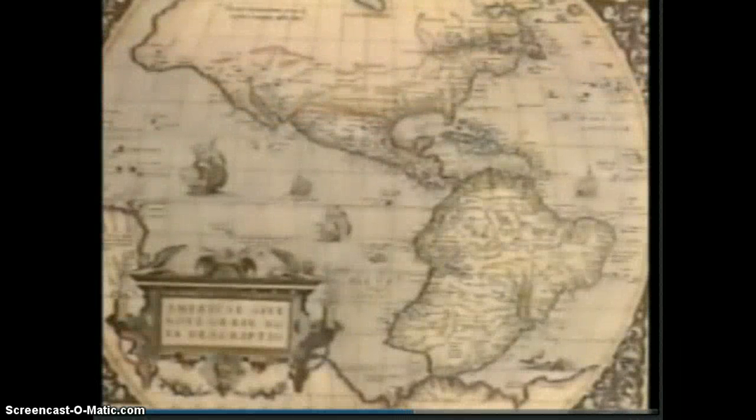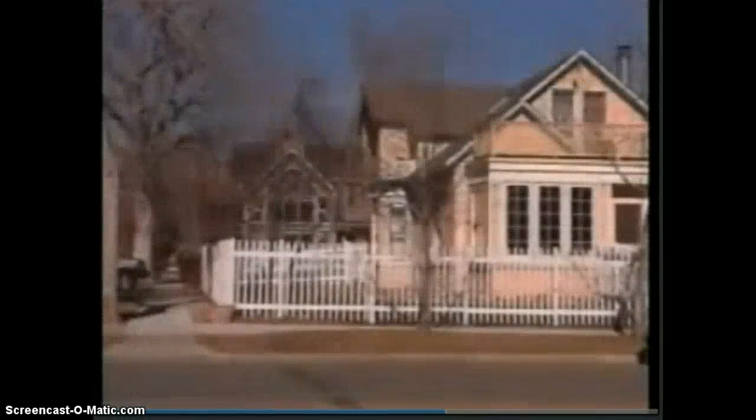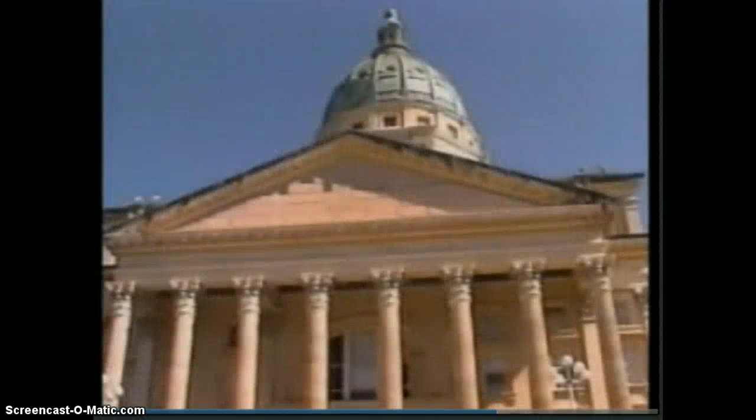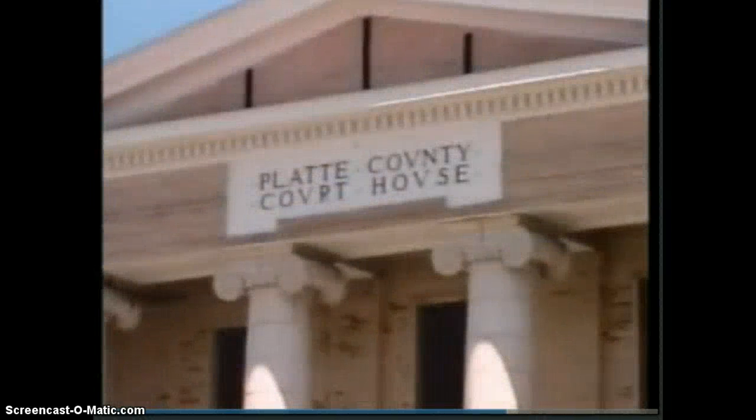Throughout most of human history, groups of people have placed boundaries to create social and political units. We know some of these units as neighborhoods, cities, counties, and states. In this program, we will define the major types of civic units and describe their similarities and differences.